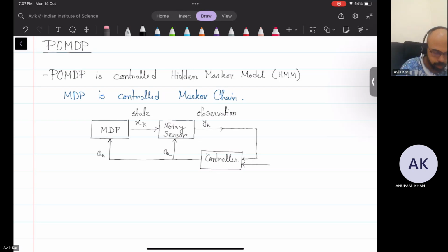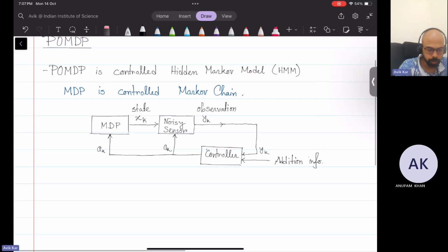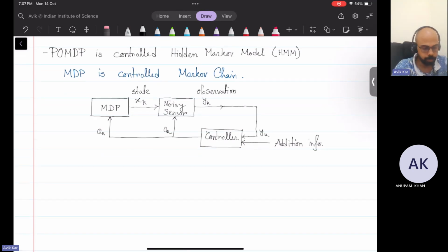Now, this is Y_k, and this is some additional info. Based on what this additional info is, we have different types of controlling methods for POMDP.